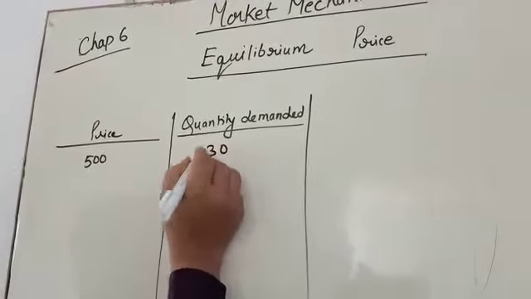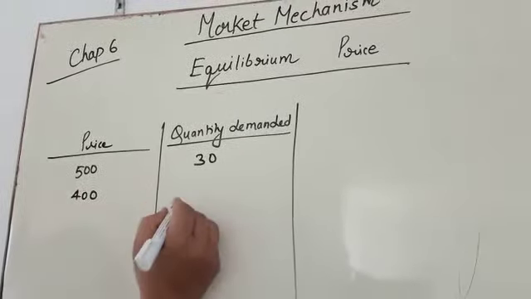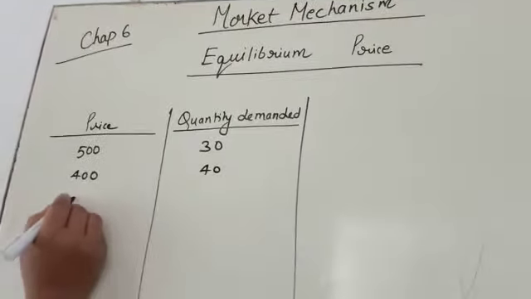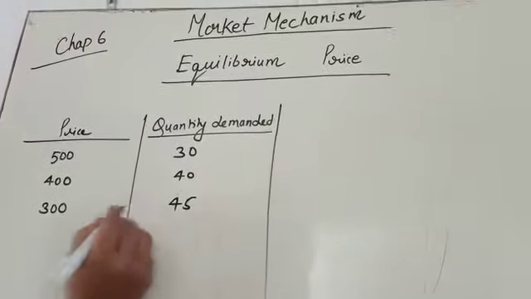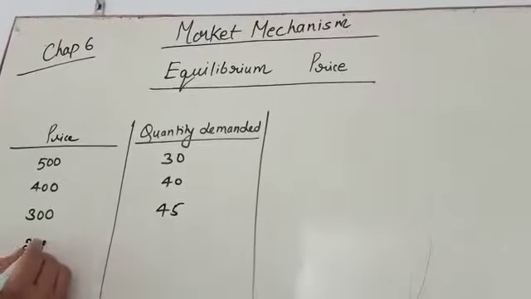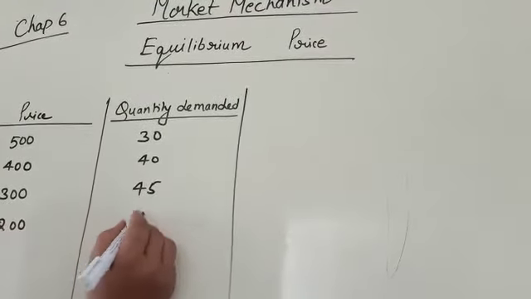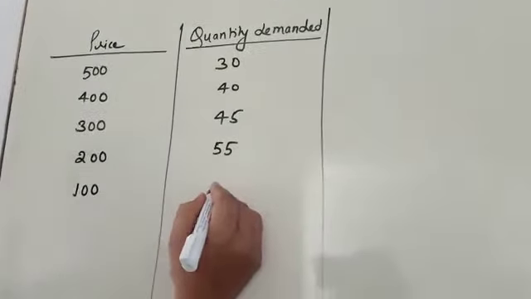At 400, quantity demanded is 40. At 300, quantity demanded is 45. At 200, quantity demanded is 55. At 100, quantity demanded is 70.